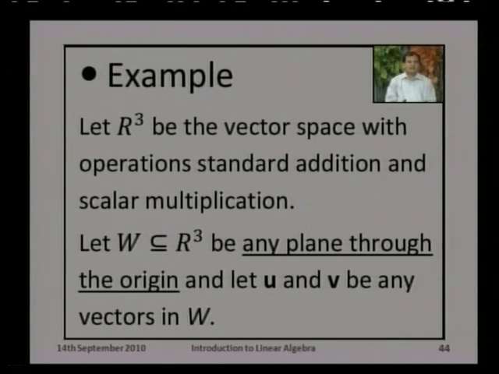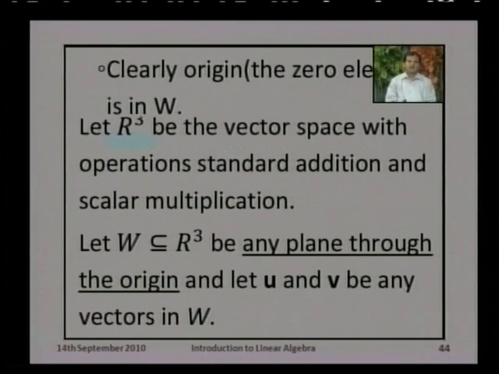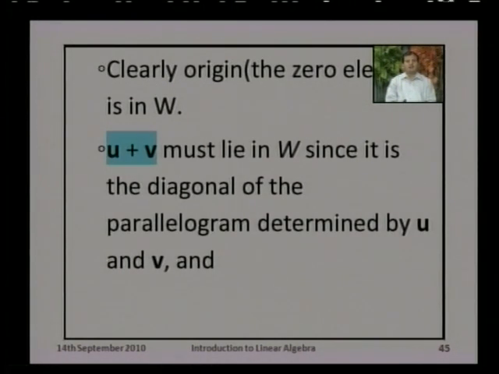It is a plane through the origin, and u, v are any vectors in W, then their sum is certainly in W. The origin is in W because W passes through the origin, and this will be the 0 element. u plus v must lie in W since it is the diagonal of the parallelogram determined by u and v.